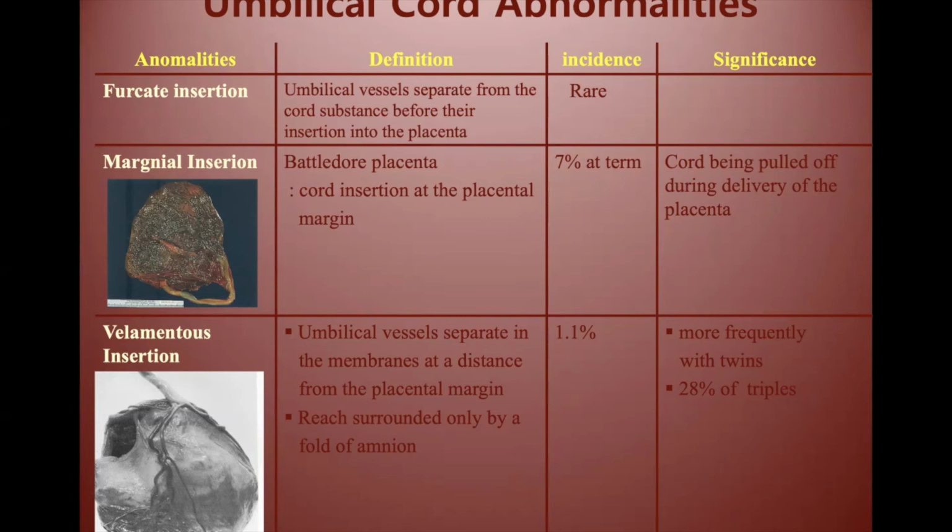Another anomaly is filamentous cord insertion, a variant of considerable clinical importance. The umbilical vessels characteristically spread within the membrane at a distance from the placental margin, which they reach surrounded only by a fold of amnion.